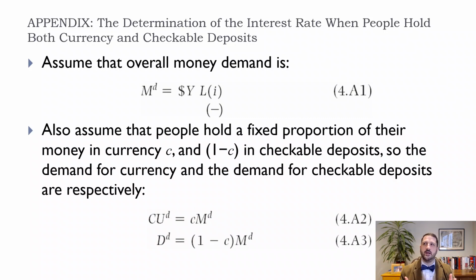And that's going to depend on how easy it is to pay for things with your debit card, and how much people like having cash versus not having cash. For instance, compared to the United States, in Japan you hold a lot more cash. So their C would be higher than the United States C.